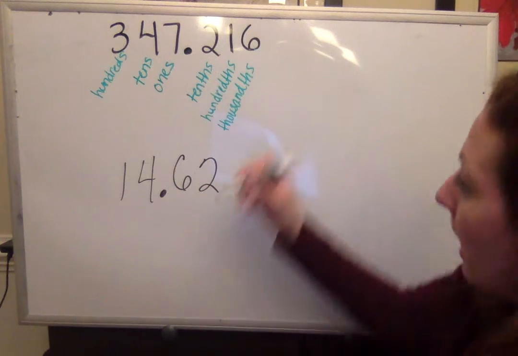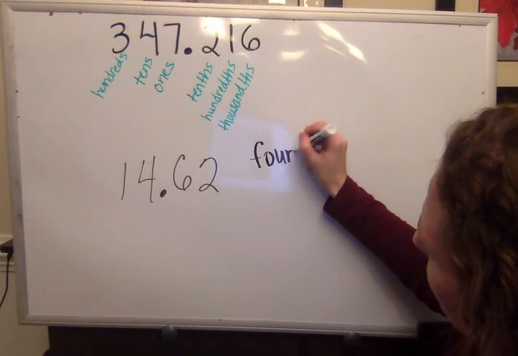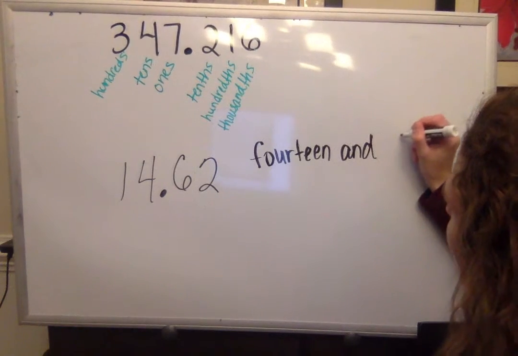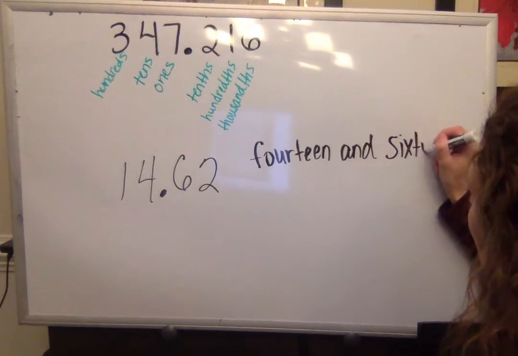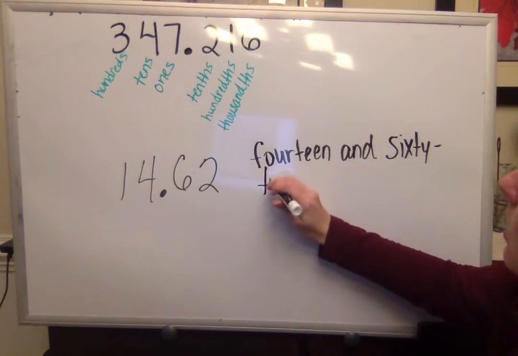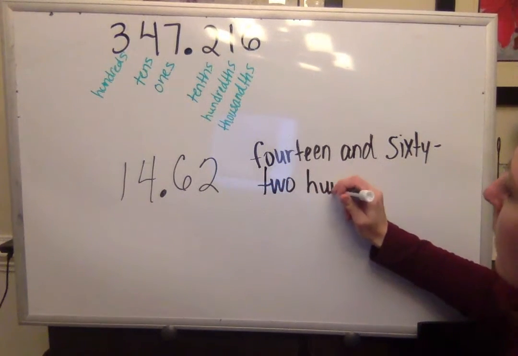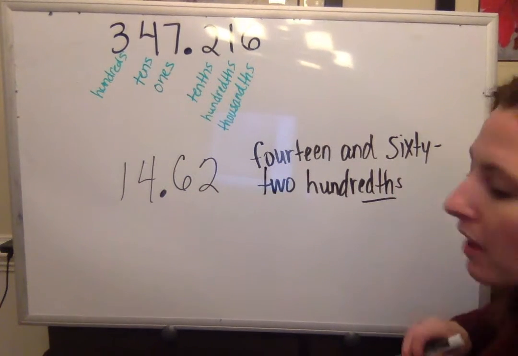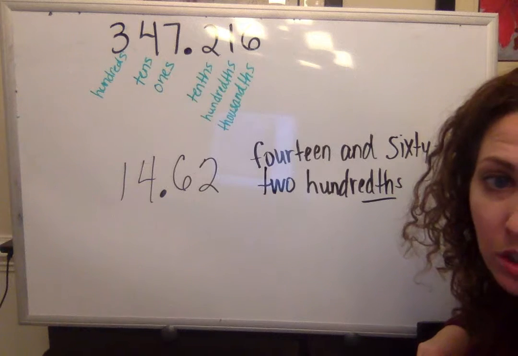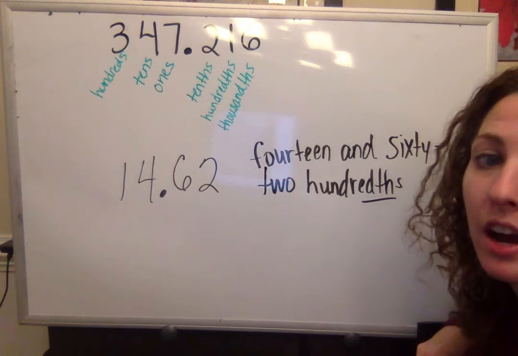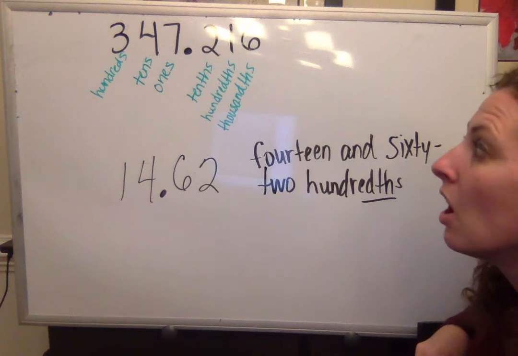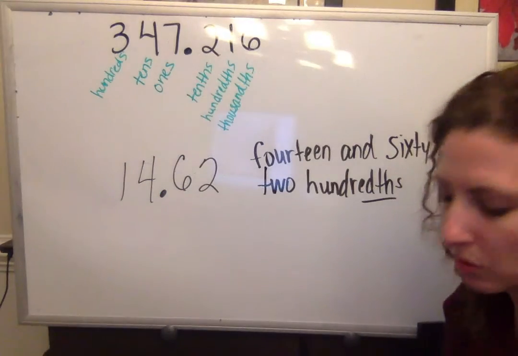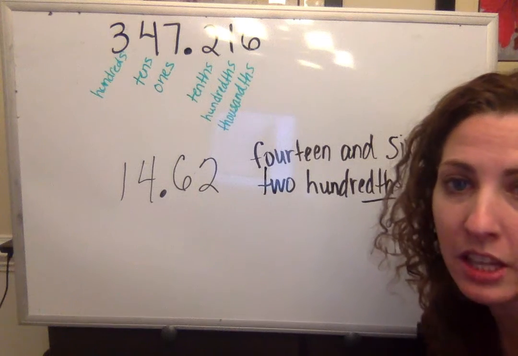And I would write that as 14 and 62 hundredths. It's really important, guys, to remember that ending of those words if you're talking about tenths, hundredths, and thousandths, okay? Because it could very easily get confused with the tens, okay? So just remember to pay attention to that.